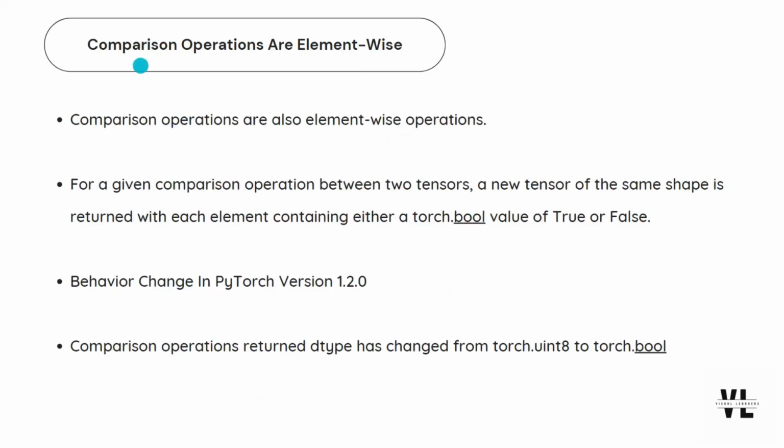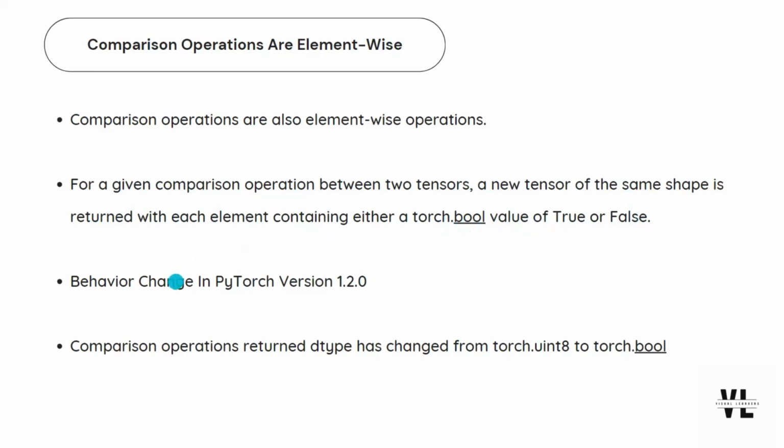Remember that it's not only arithmetic operations which are element-wise, but also comparison operations are element-wise. For a given comparison operation between two tensors, a new tensor of the same shape is returned with each element containing either a bool value of true or false.